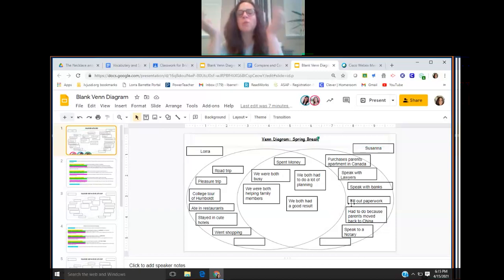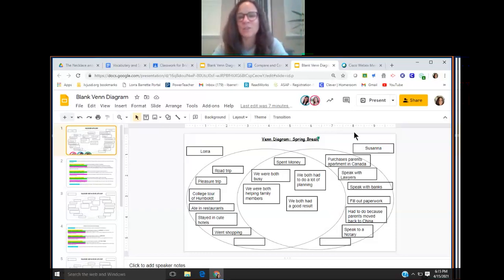So you might think, okay, so on these circles, the outside part that's not overlapping are the things that are different. So all these things that we typed on the outsides are the things that are different about our vacations. But we had to figure out what was the same about our vacations, right?